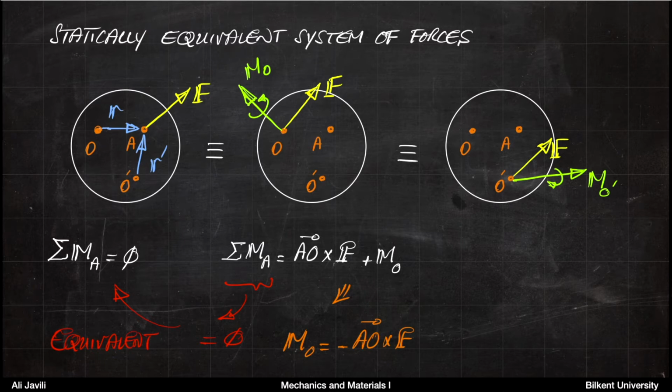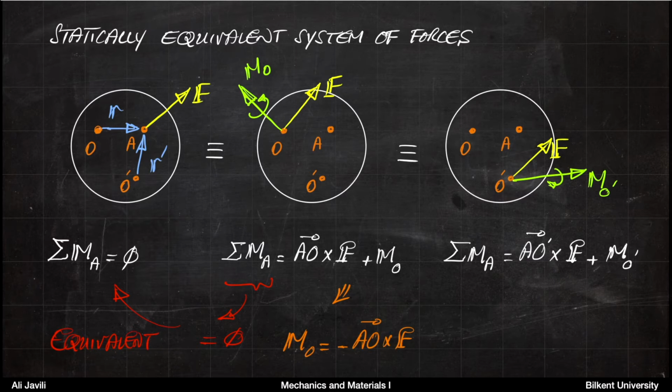We can play exactly the same game with the third picture. So with the third picture also you can write the sum of moments with respect to point A. If you do that, now your arm would be AO prime, and then the cross product of that with the force would give you a moment. So this gives you the moment of force F with respect to point O prime.